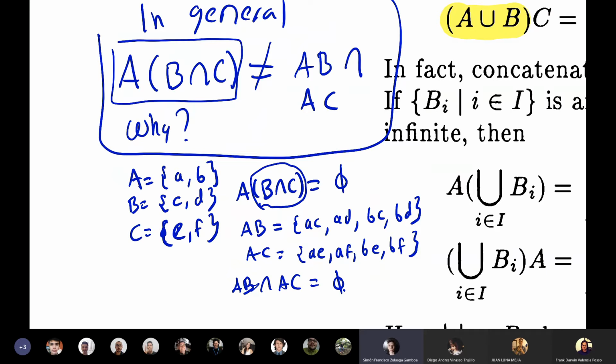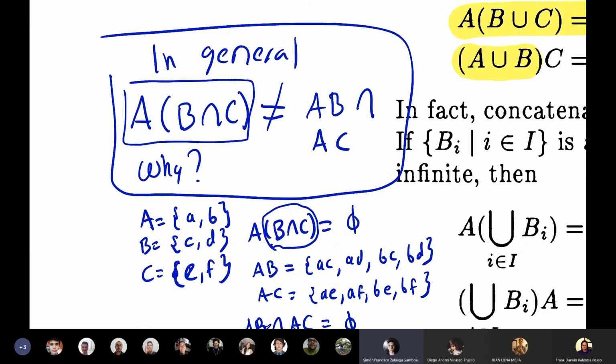Oh, I mean, we had to find an example where they were equal, right? No. You need to prove that in general, they are not the same. Oh, okay, my bad. It's all right.